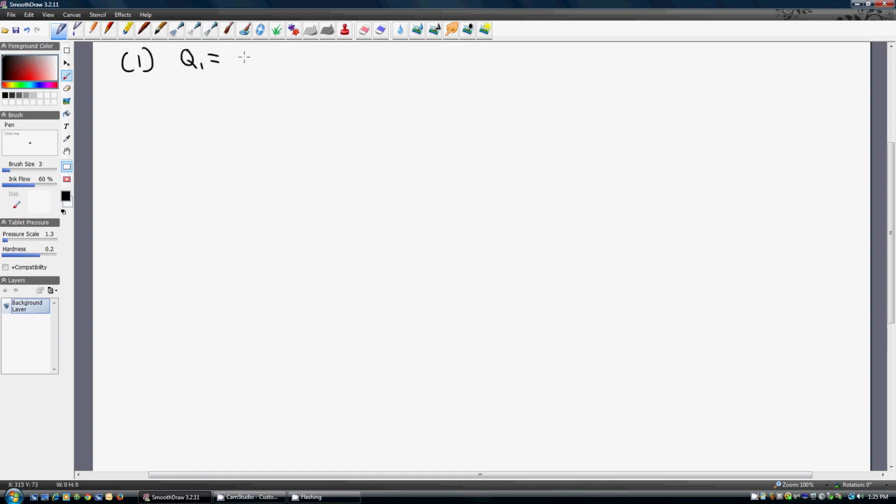I'll just rewrite from the previous slide. Equation 2, we'll call that firm 2's reaction function, which I'll rewrite from the previous slide.